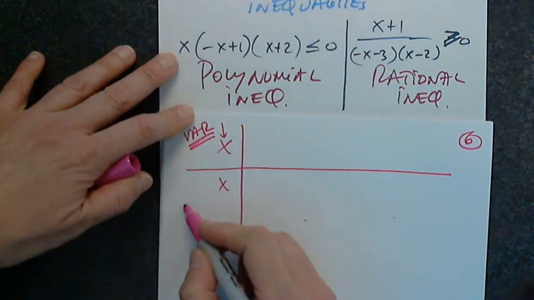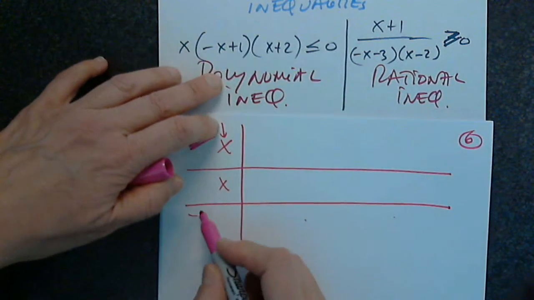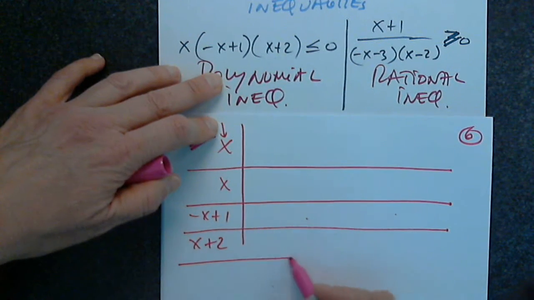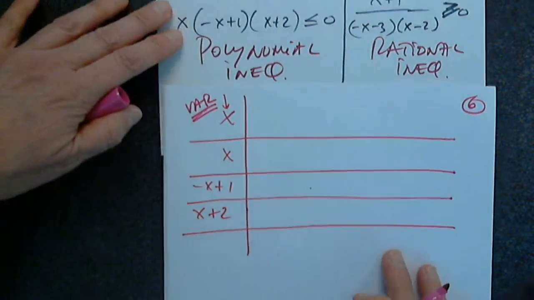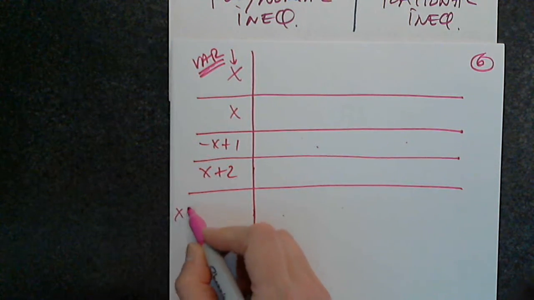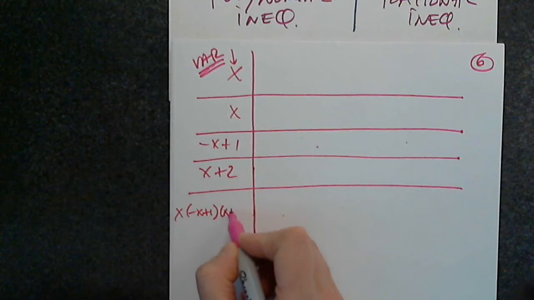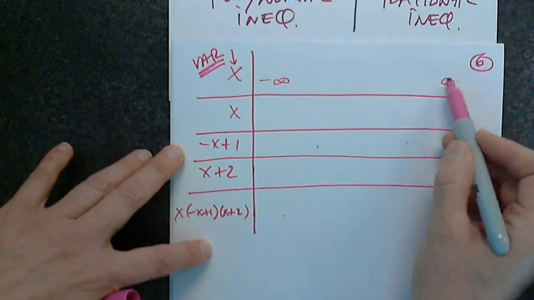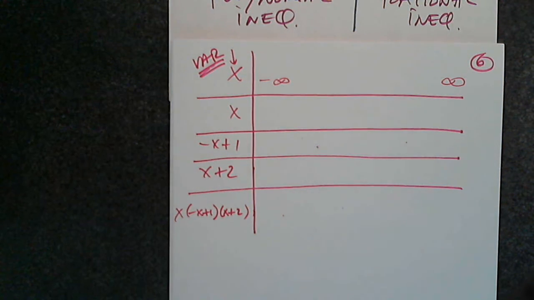Now, this is the first factor. Negative x plus 1 is the next factor. X plus 2 is the next factor. And the last one is the whole thing, x(-x + 1)(x + 2). X is the variable in the problem, which can go from negative infinity to infinity.